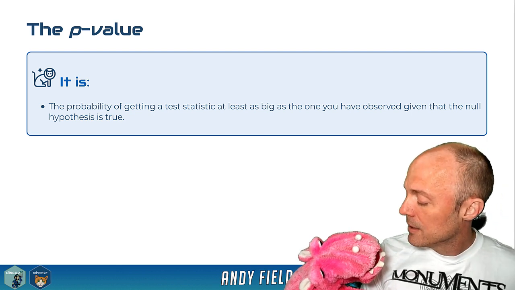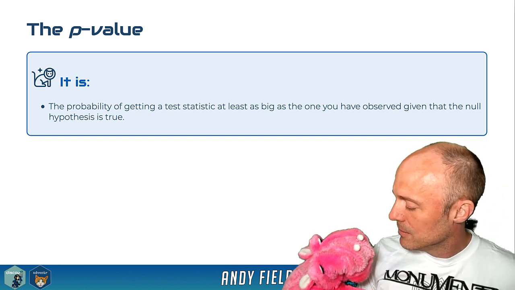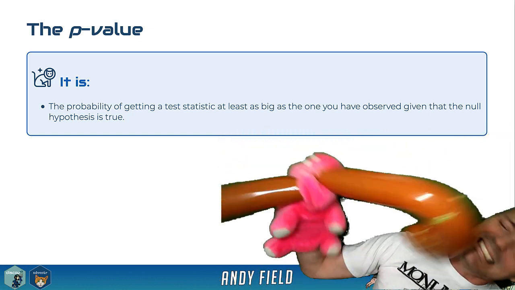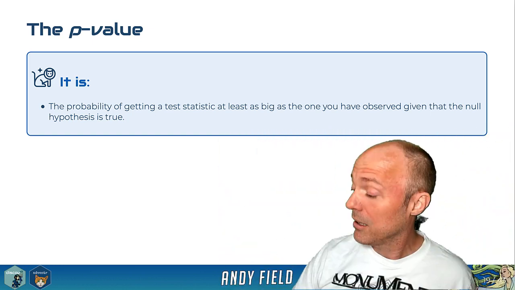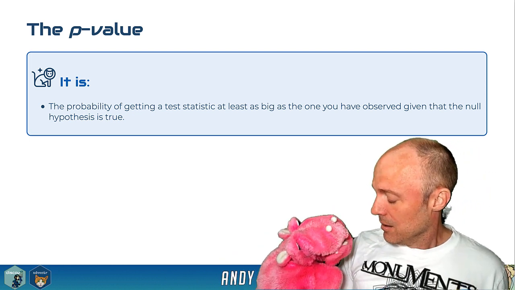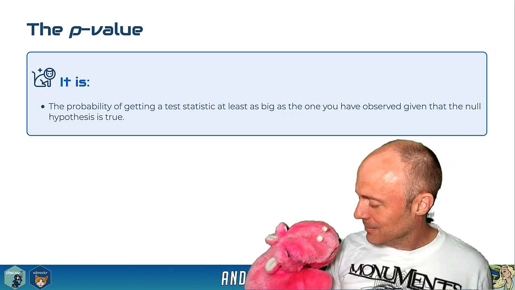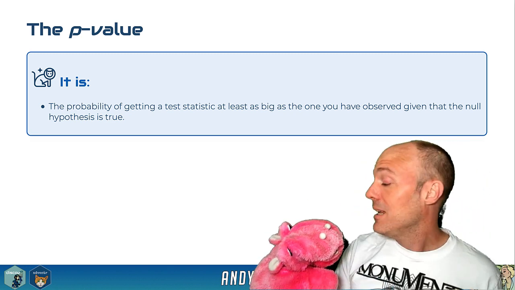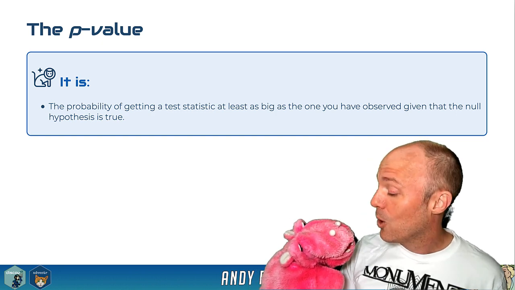Okay. So the p-value is the probability of a chance result. I thought you said you were calm. Yeah, that threw me over the edge. Sorry. Okay, the p-value is the probability that the null hypothesis is true.